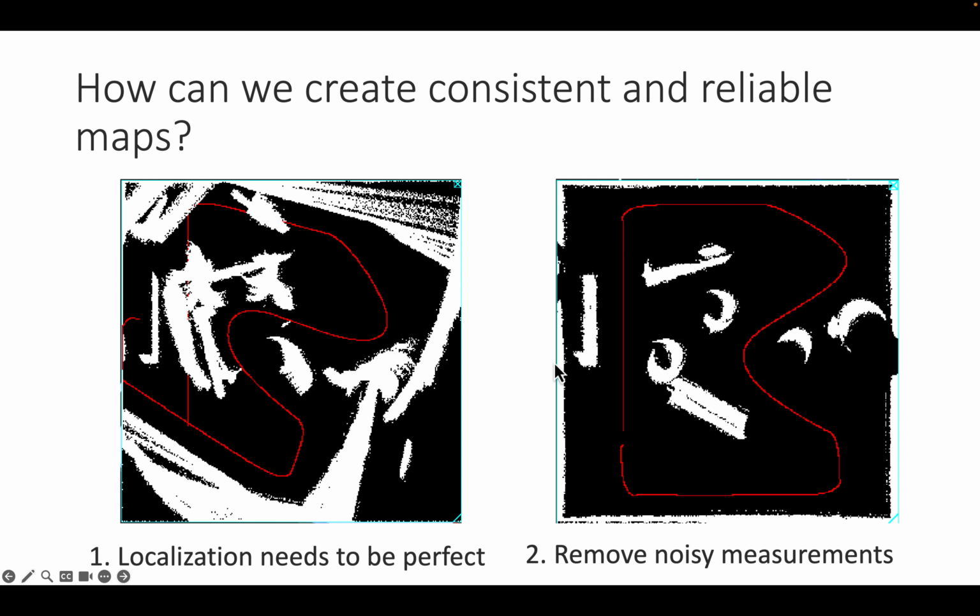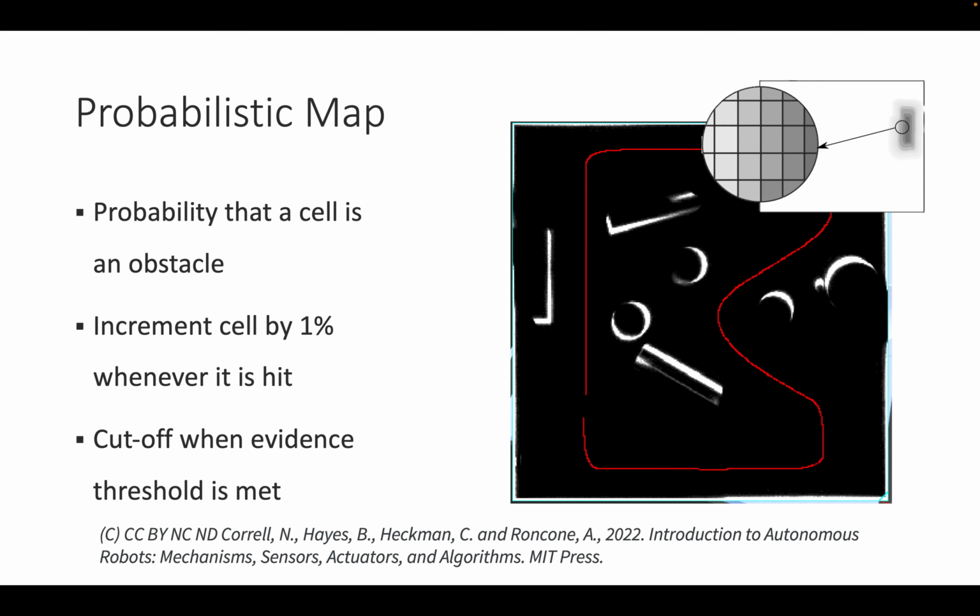And to the right you see that there are a lot of noisy measurements, and this becomes particularly problematic when you have a robot where the laser hits the ground as the robot turns or accelerates or brakes. So we talked about techniques to get rid of that, in particular the probabilistic map.